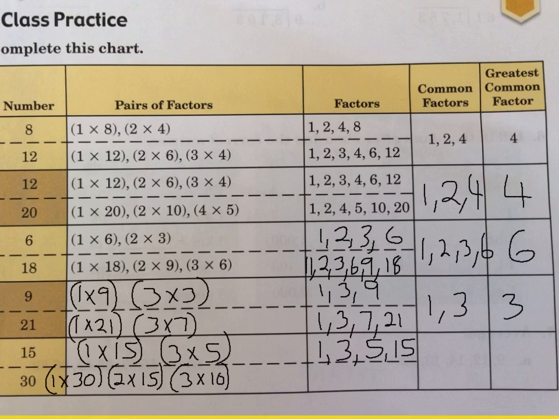And 5 times 6. So we have a lot of them here to squeeze in right small. 1, 2, 3, 5, 6, 10, 15, 30.